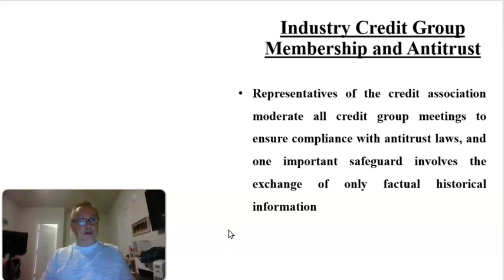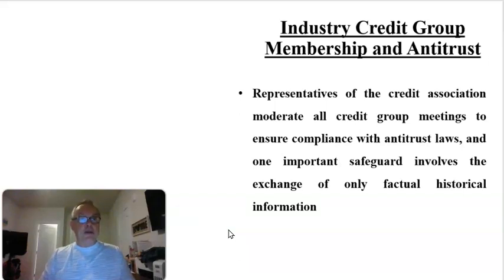Their role, their goal, is to ensure compliance with applicable antitrust laws. One of the important safeguards they are there to ensure remains in place is the idea that the exchange of information between and among members is based on factual and historical information.